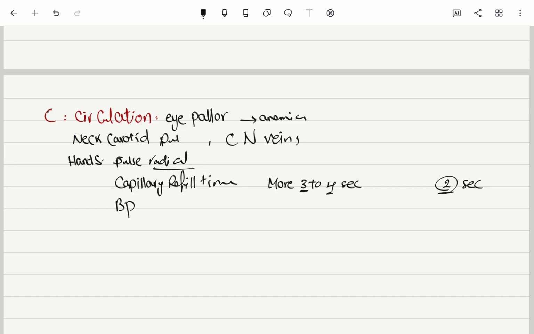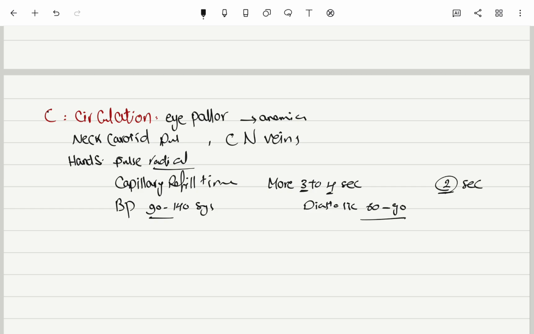Blood pressure, normal systolic is from 90 to 140. Okay, this is normal systolic pressure, and the diastolic pressure is from 60 to 90.